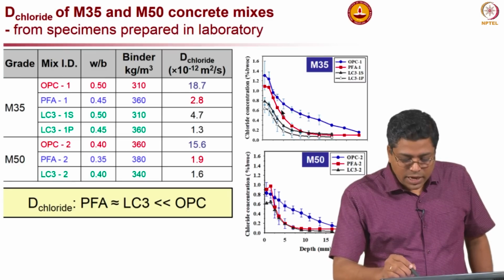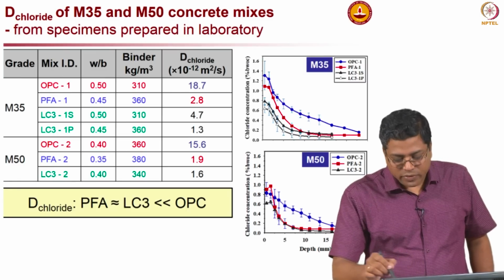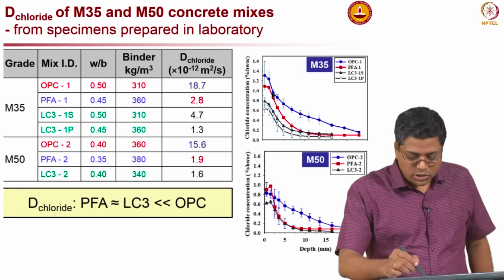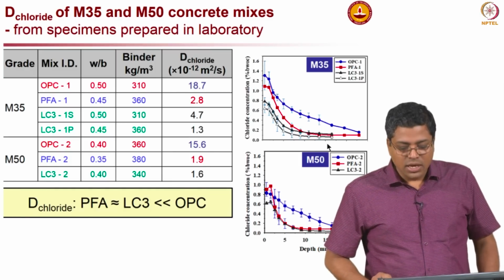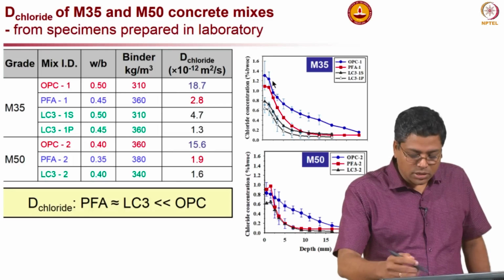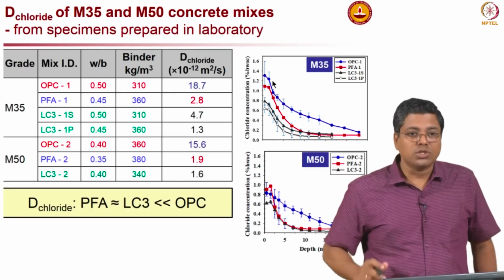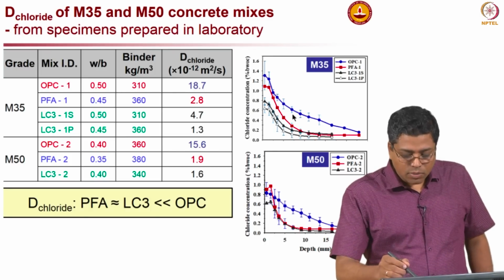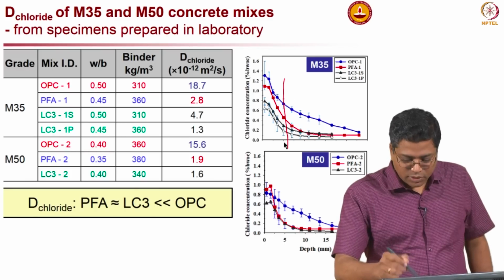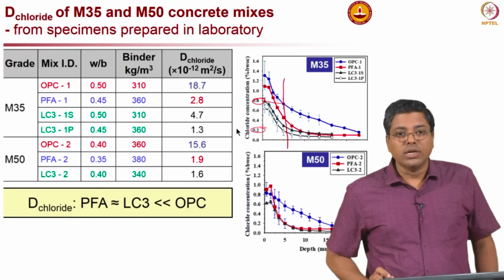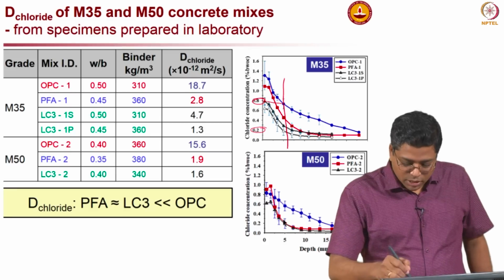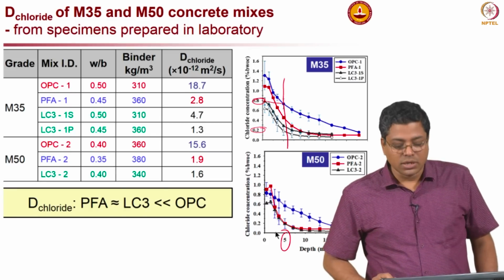You can see that the slope of the curve is different for these different types of concrete, and in OPC you have much more chlorides. Let us say at this depth here, in OPC you have about 0.8 as the amount of chloride, whereas in LC3 you have only about 0.2 at that particular depth of 5 millimeter inside the concrete.